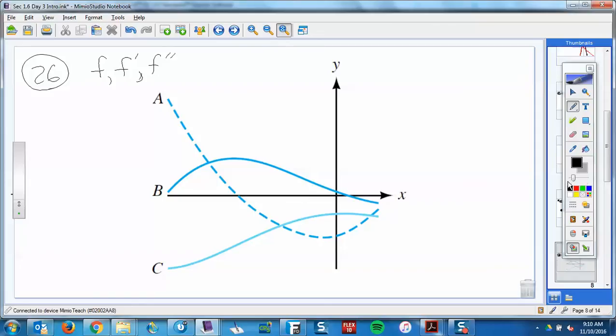F double prime is positive to here, which means F has to be what? Concave up, which it seems to be till about there. Then this goes negative and this goes concave down the rest of the time. And that seems to work. And we know these two fit with each other because we already did that before. So it looks to me like it's got to be C, B, A.